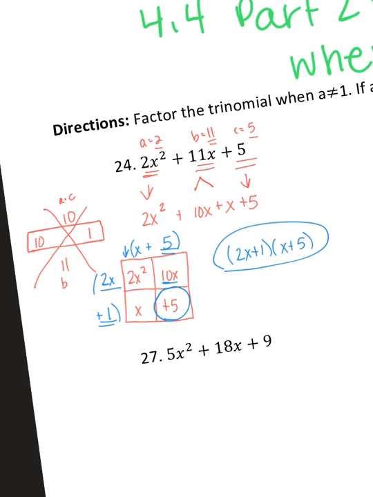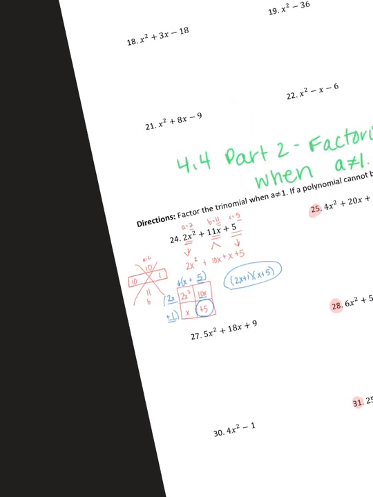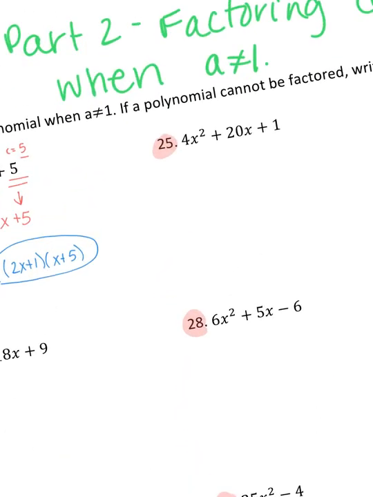Okay, so that's it. Let's summarize the process here for a second. Step 1 is to use the diamond and the AC method. That's what A times C is. It's called the AC method in the diamond. So use the diamond and AC method.